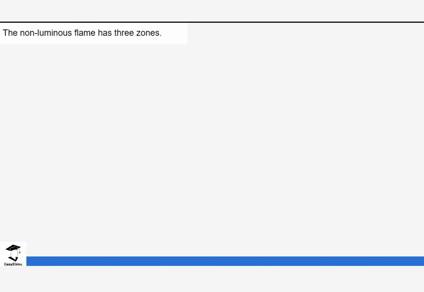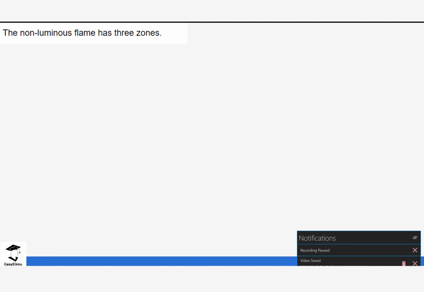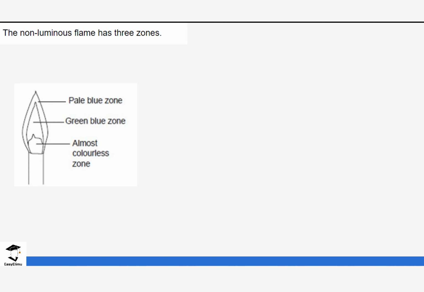So the non-luminous flame has three regions. We have the pale blue zone, we have the green blue zone and the almost colorless zone. In the almost colorless zone, it mainly consists of unburnt gases. This is directly next to the chimney where the gas is coming from, the laboratory gas and the air.